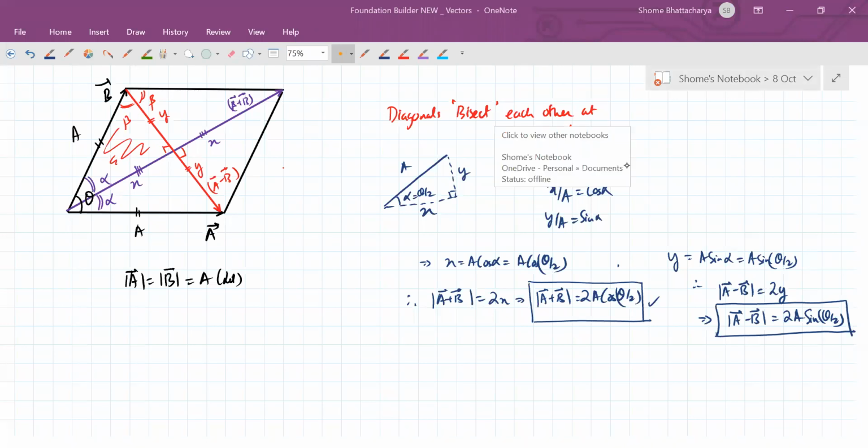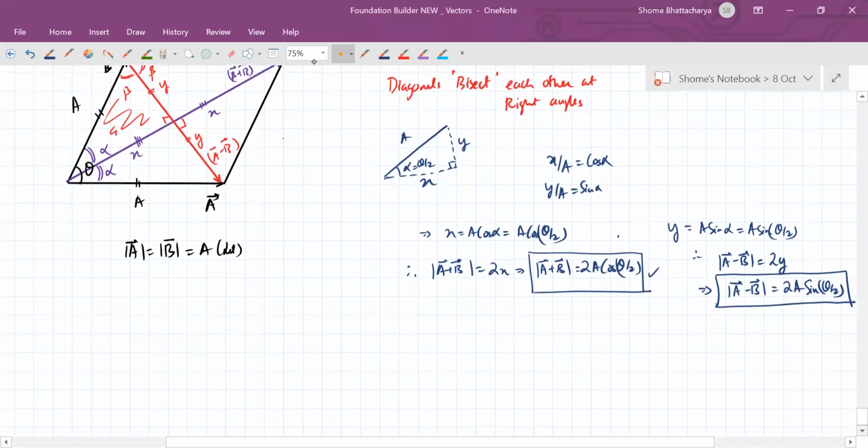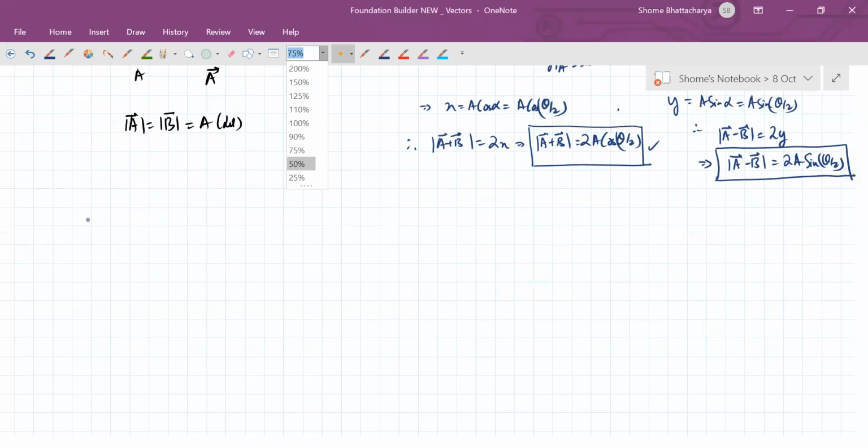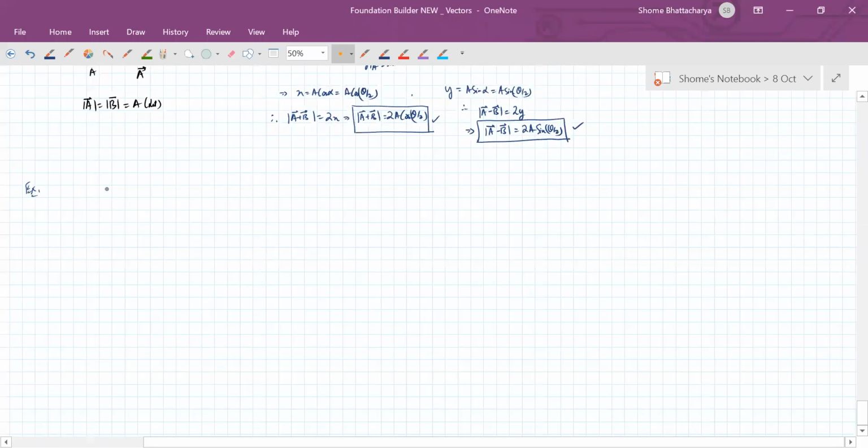Okay, so let's now do an example based on this. Given that magnitude of a plus b is 10 root 3 and magnitude of a minus b is 10, and a plus b is perpendicular to a minus b.